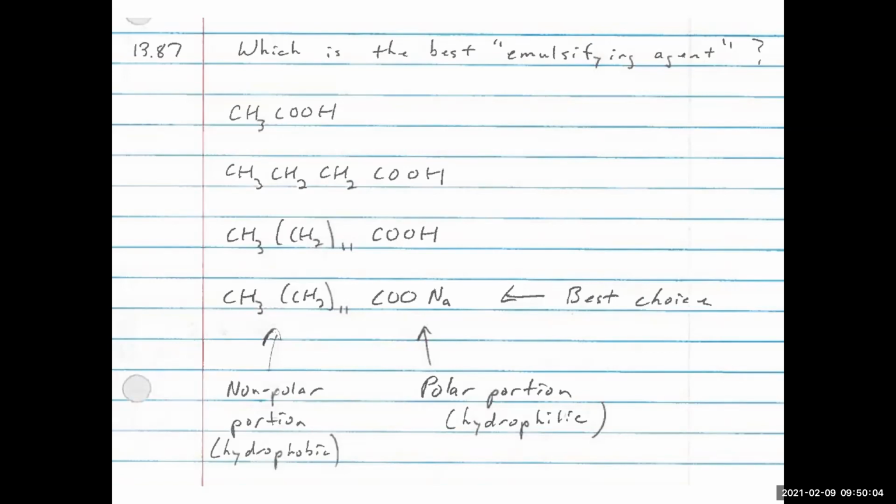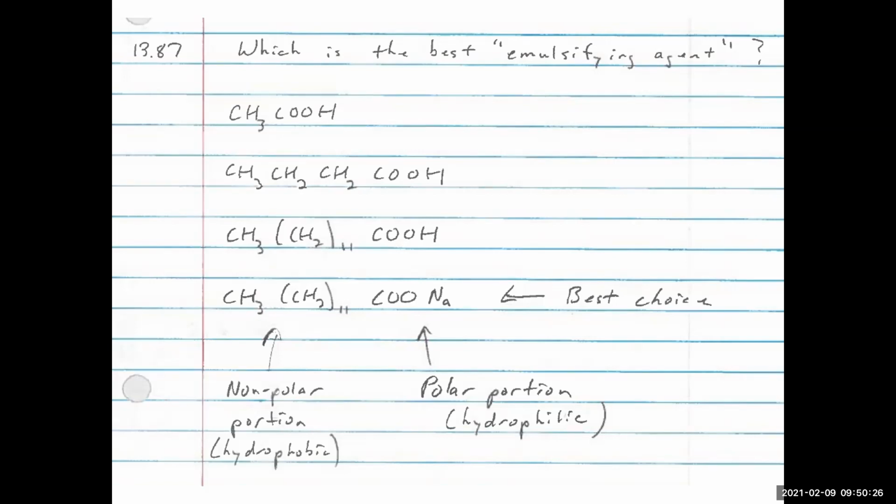So now I have a carbon, and you don't need to know this, but the way this would look is a double bonded oxygen to the carbon, a single bonded oxygen to the carbon. That single bonded oxygen would have a negative charge on it, and then the sodium ion would have a plus charge, and that would dissociate.